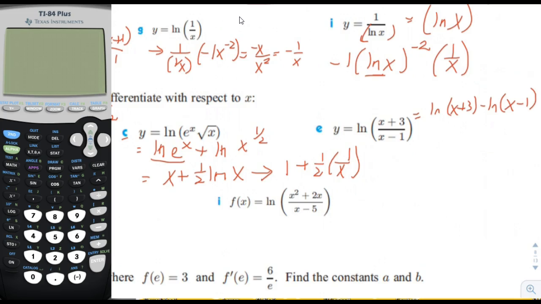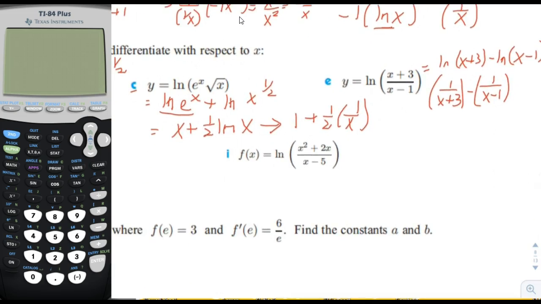So the derivative of natural log of x plus 3 is 1 over x plus 3. Even if we do the chain rule, the derivative of x plus 3 is just 1, so that doesn't really change anything. Then we take minus, and now we're going to take the derivative of natural log of x minus 1. That will be 1 over x minus 1. Again, with the chain rule, nothing else happens, so we're done.